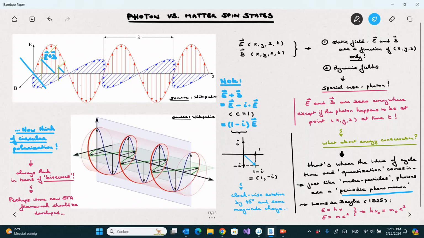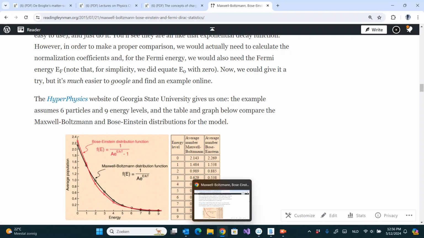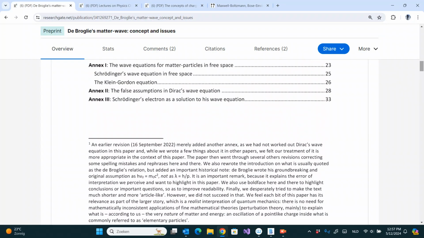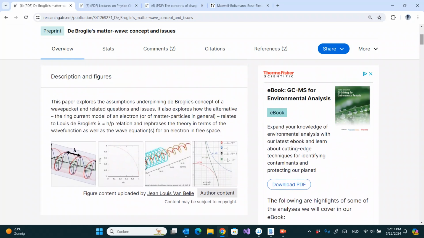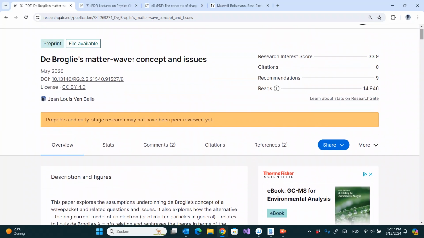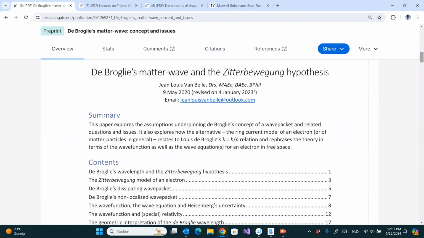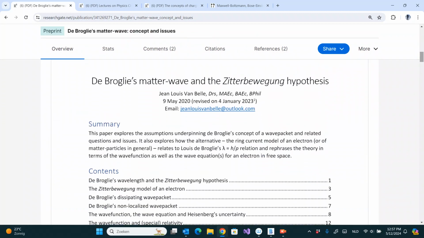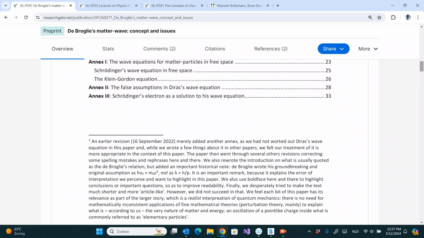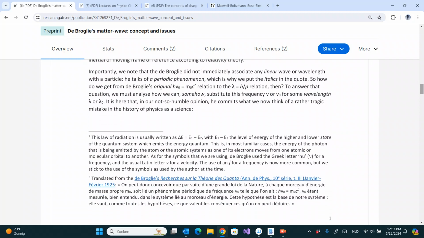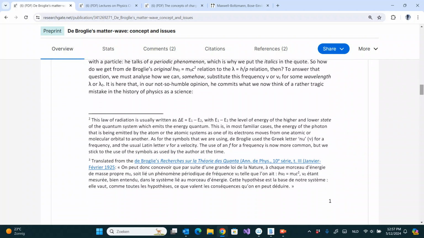This may sound like Chinese or revolutionary, so that's why I quickly will point out, this is my paper, which has a lot of downloads, almost 15,000 now on ResearchGate, where I explore the concept of de Broglie's matter wave and how it really works, what electrons and protons really are.